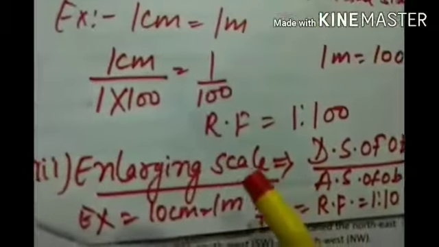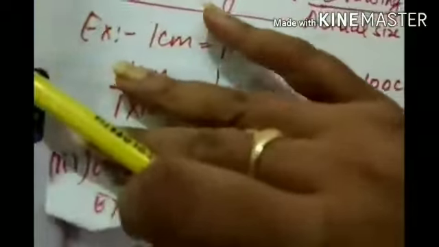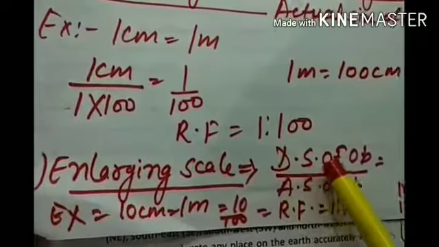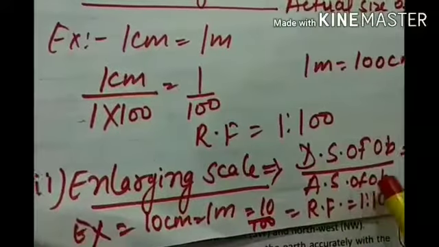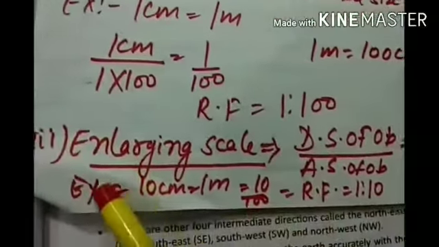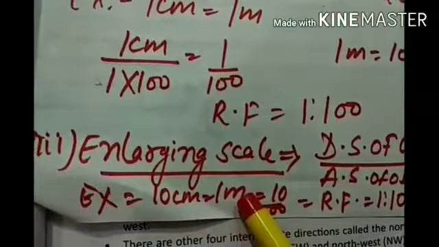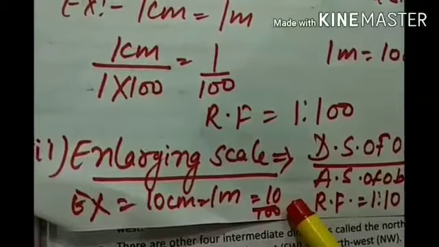Next, third is the enlarging scale. Now over here the scale is being enlarged. So over here, drawing size of an object upon actual size of object. Example, 10 centimeter is equal to 1 meter. Then what we will do? 10 upon 100. Why 100?